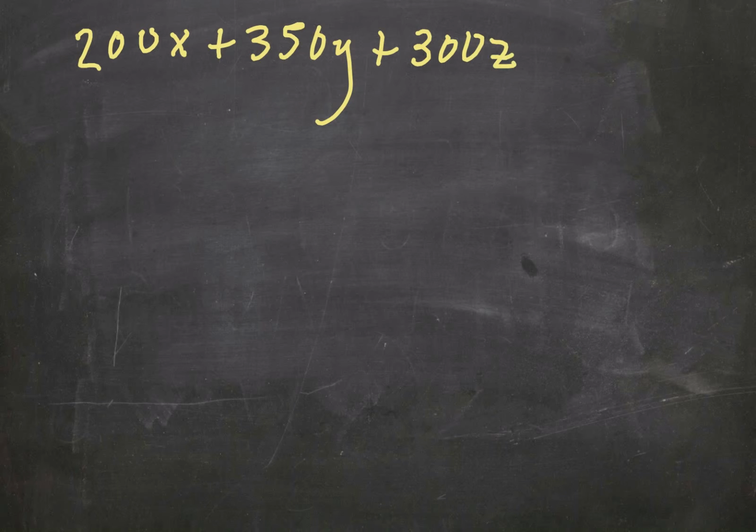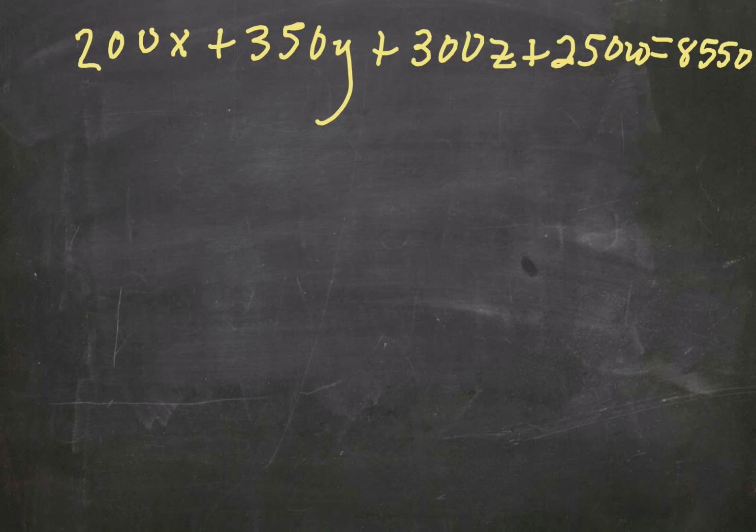I'm going to rewrite that first one, which was the cost for the loads. And again, you can use different variables. You just have to remember what each variable stands for. That's important. So there's our first equation.